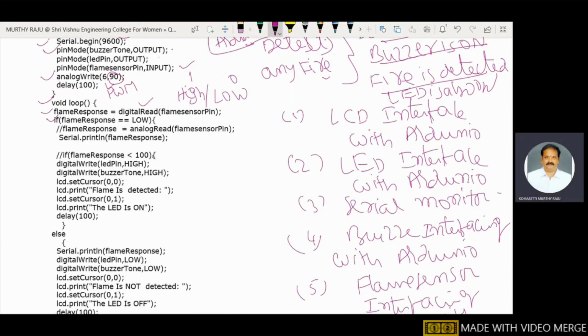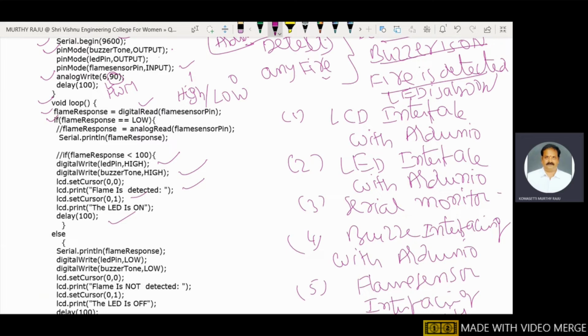Here, digital write LED pin high, digital write buzzer tone high. LCD dot set cursor 0,0, first row and first column, LCD dot print fire is detected. LCD dot set cursor 0,1, second row, first column, LCD dot print the LED is on, delay 100 milliseconds.